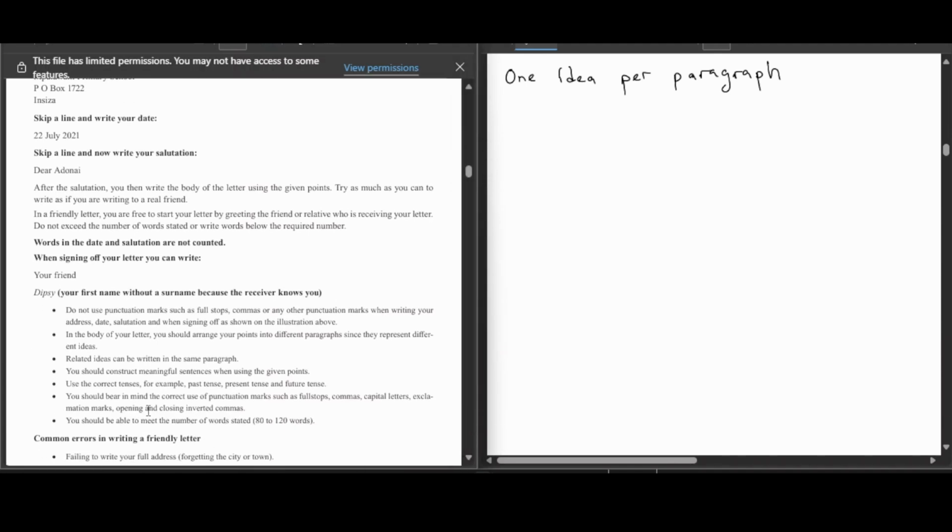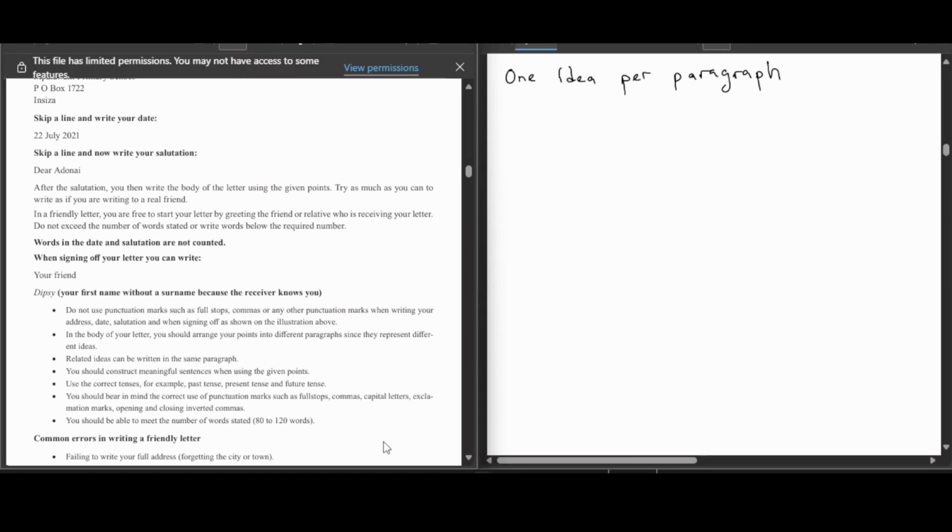You should bear in mind that correct use of punctuation marks such as especially full stops, commas, capital letters, exclamation marks, opening and closing inverted commas is very important. You should be able to meet the number of words stated, which can be 80 to 120 words. So they are going to give you a range. Fall within that range.